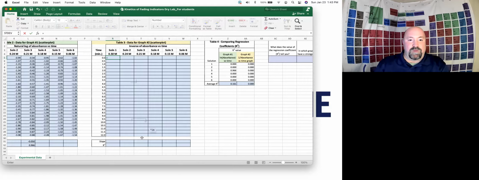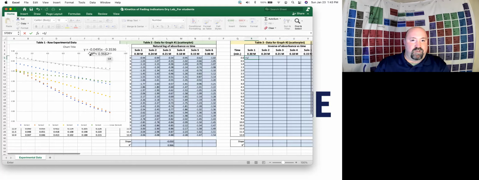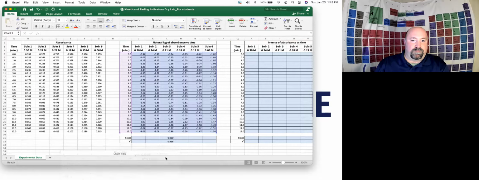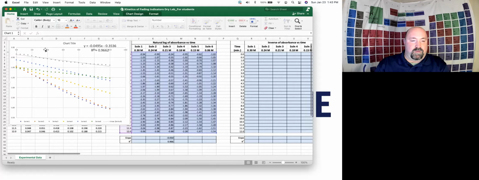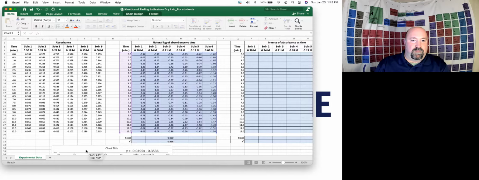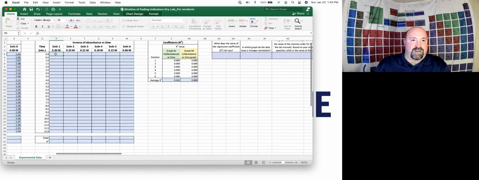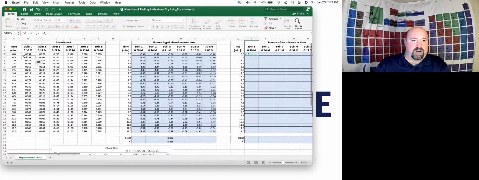So same idea. I'm going to do equals 1 over, and then back to my original data sheet. I'm just going to move this out of my way. Okay, let's try that again. So equals 1 over, back to my initial data sheet, hit enter.